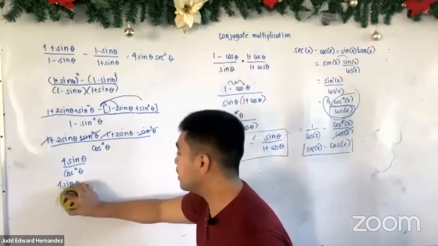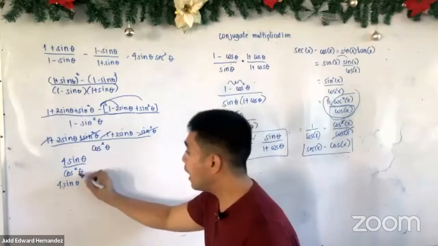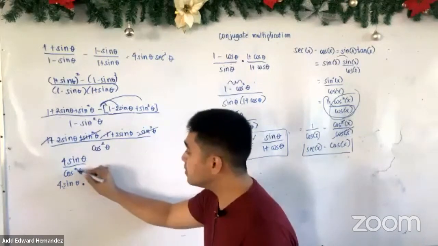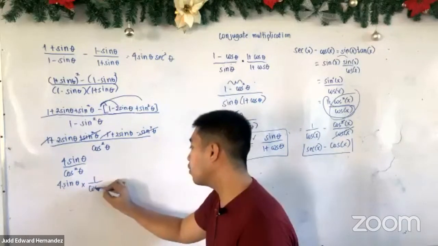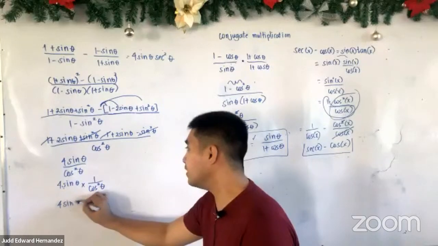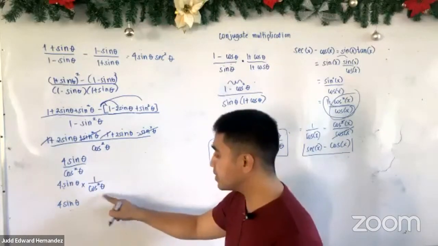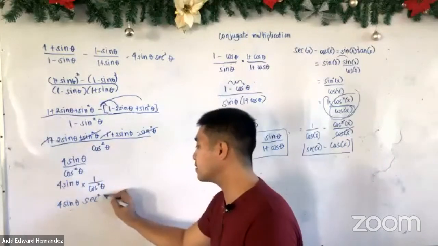Sige, wag natin siyang paghiwalayin. Kasi hindi nga pala tayo nagpapalabas ng tangent. So, ang ihiwalay natin is si cosine squared theta. So, times 1 over cosine squared theta. Therefore, this becomes 4 sine theta. 1 over cosine squared theta is a reciprocal identity, and that is secant squared theta.